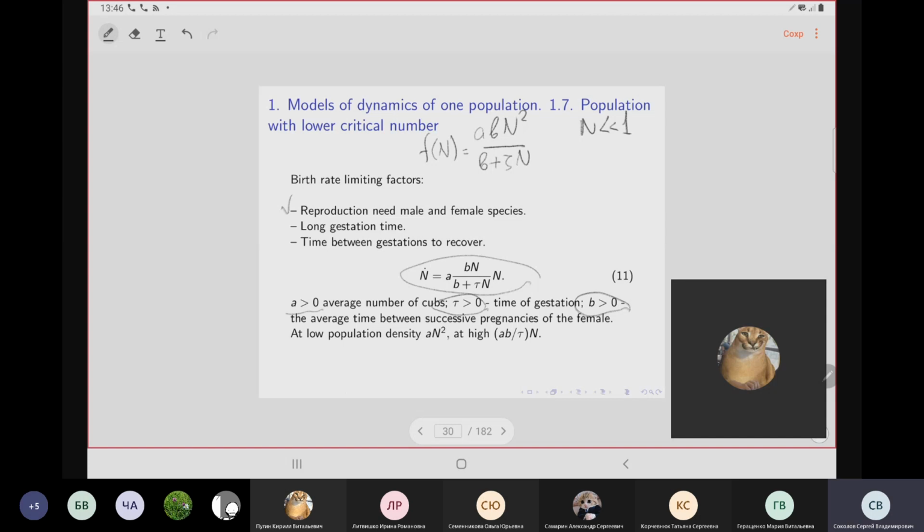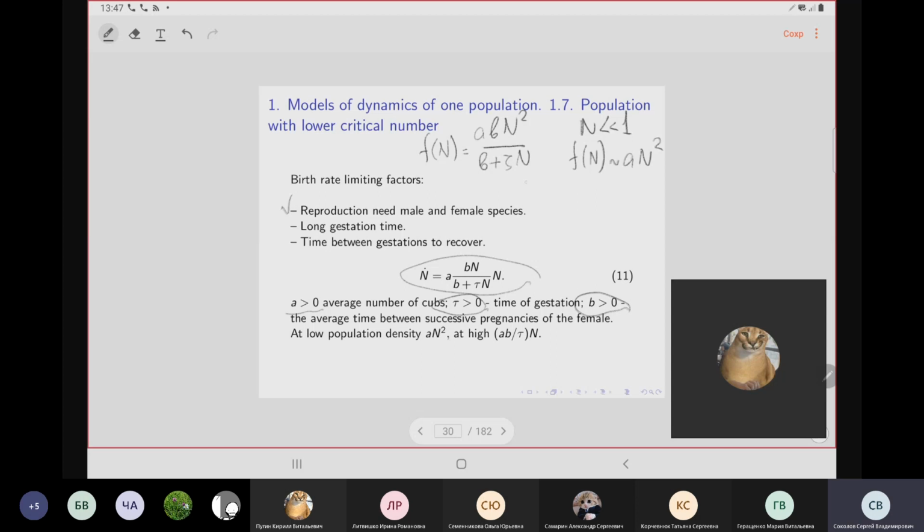So our f of n, if n is small, is approximately a n squared. We divide denominator and numerator by b, we neglect tau n, and finally we get a n squared.